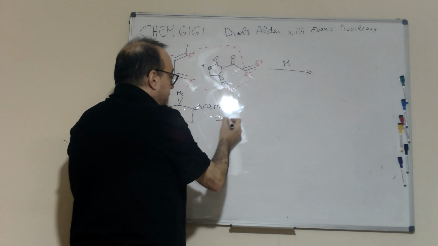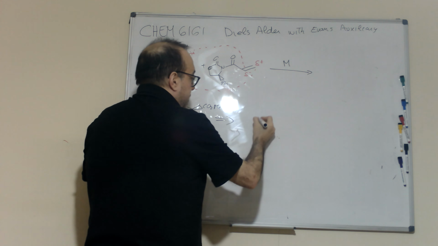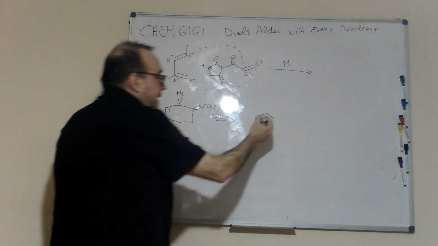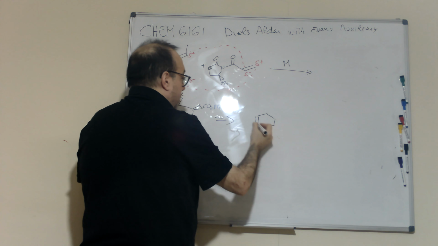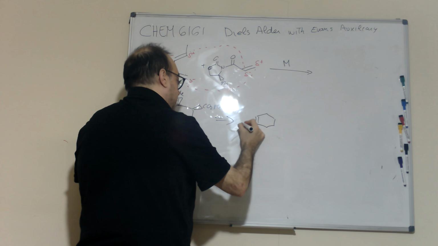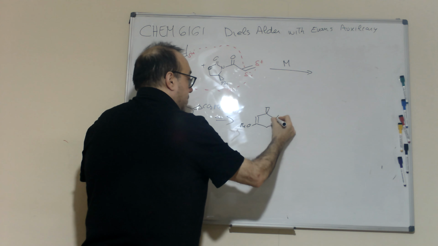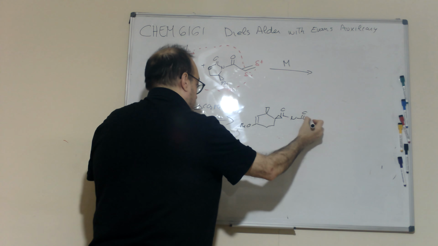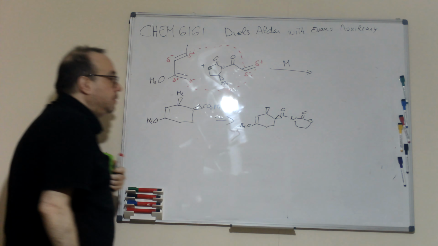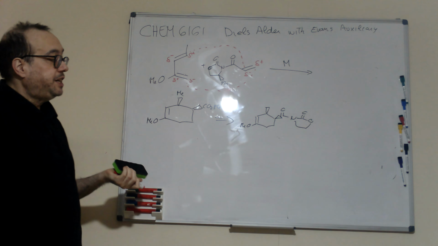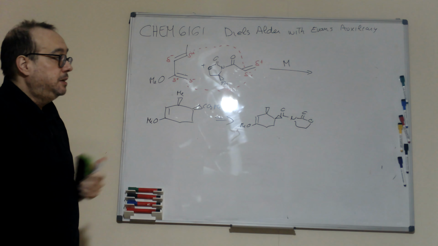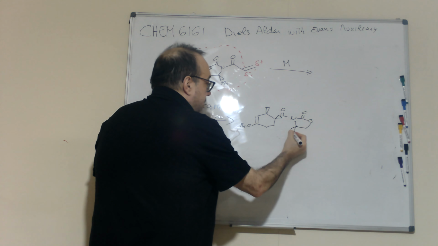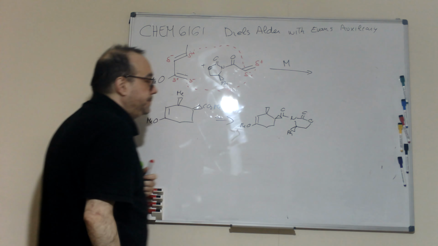Here we have an ester. Instead of the ester, we can put the oxazolidinone. Which chirality do I put? I have to choose one. I will choose, for example, this, and we will see if it is correct or not.